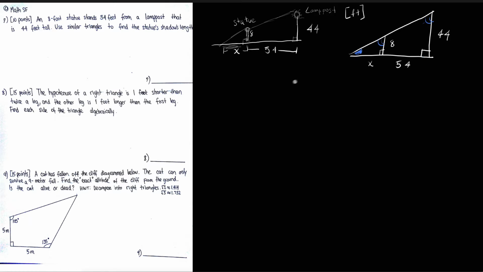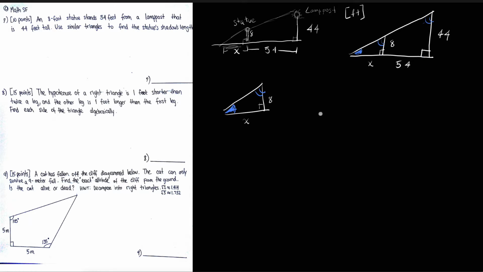So I'm going to probably separate them. Look at the small one. The small one is here. This is 90 degrees. This is X. And this is 8. Okay. And then I have this angle here, the one that has 2 marks in here.